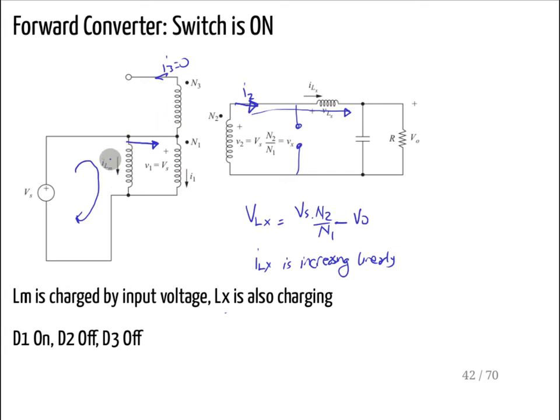So let's have a look at what happens with the ILM. During that time, VLM is equal to Vs, and ILM is also charging up.